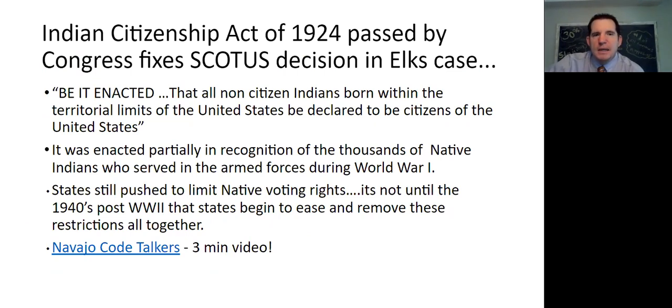Write down, type in Indian Citizenship Act of 1924. And then essentially what you can just put there is that all Native Americans that are born within the United States automatically have dual citizenship. So the Indian Citizenship Act of 1924 automatically gives dual citizenship.